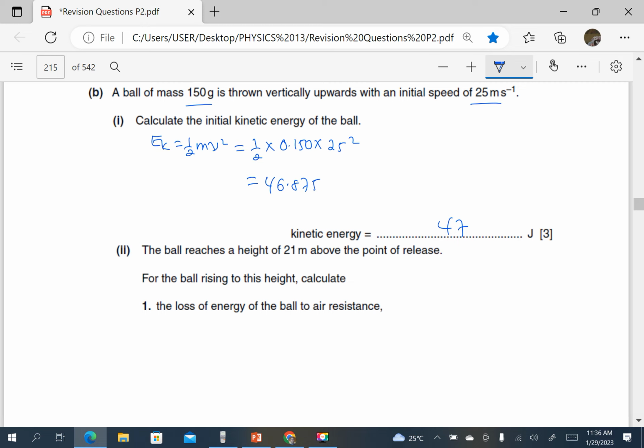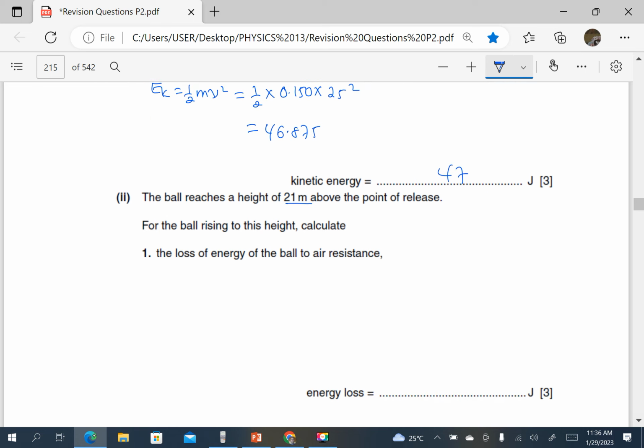So the ball reaches a height of 21 meters above the point of release. For the ball rising to this height, calculate the loss of energy of the ball due to air resistance. Let's see the potential energy. The gain in potential energy is going to be mgh.